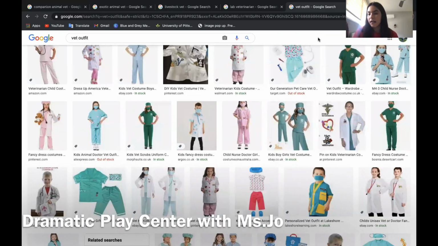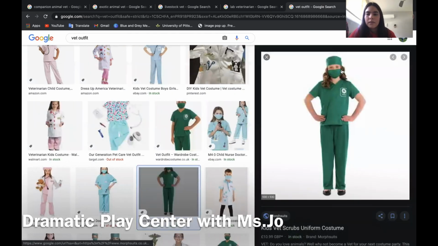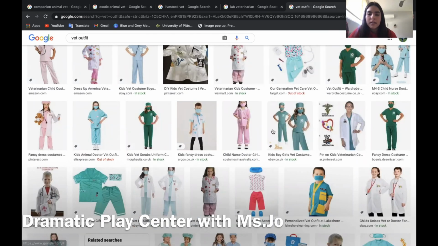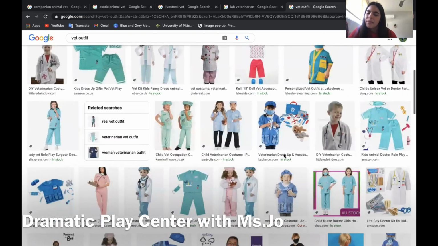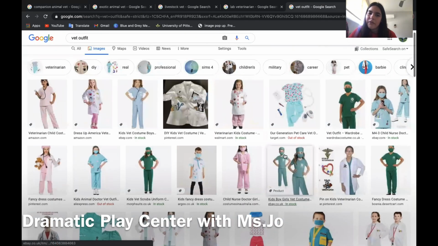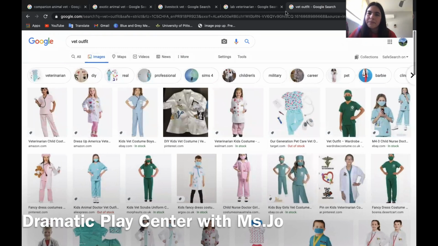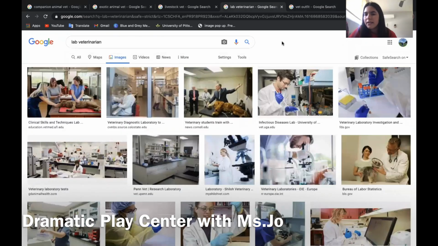Yeah, just like doctors, well, they're basically doctors, but for animals. They wear similar outfits, the scrubs, face mask, the hat. But it also depends on the type of vet, because like we saw, the lab vet doesn't really need the scrubs.